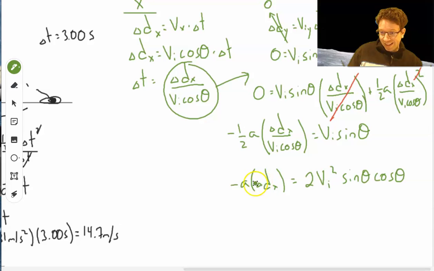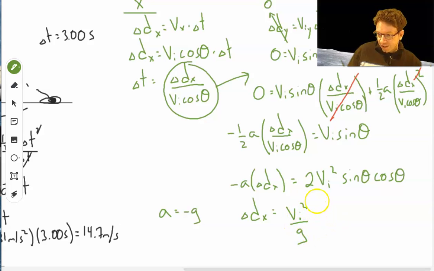Okay, and then divide both sides by negative a, so you get delta dx equals, and I can actually say that a is going to be negative 9.81. So let's call it negative g, where g is just 9.81. I'm just doing that because I want to get rid of the negatives. So this will leave me with vi squared over g times 2 sine theta cos theta.